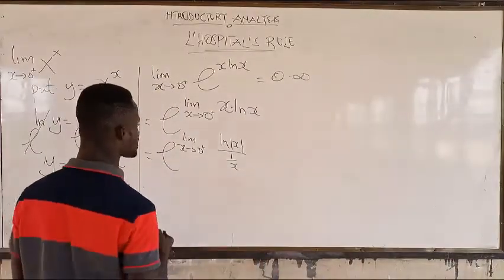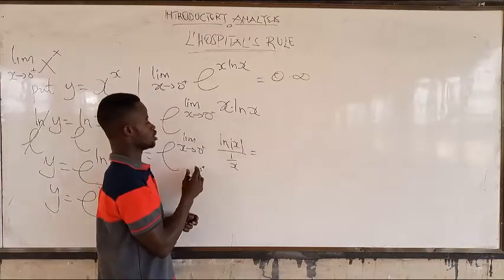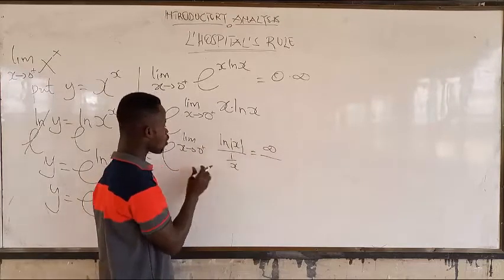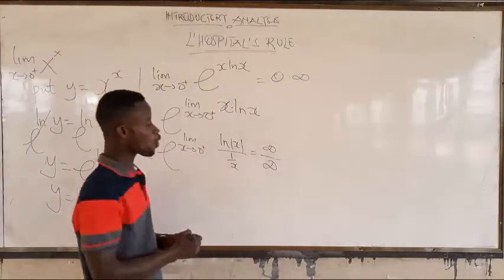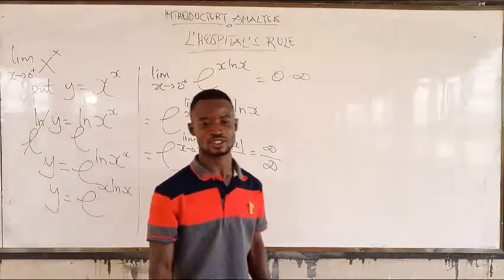Then you can see clearly that by substitution, we are going to get infinity over 1 over 0, which is infinity. Wow! In fact, I love this question.